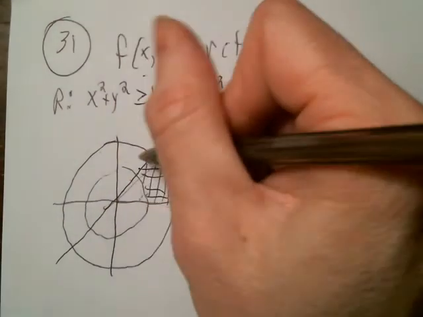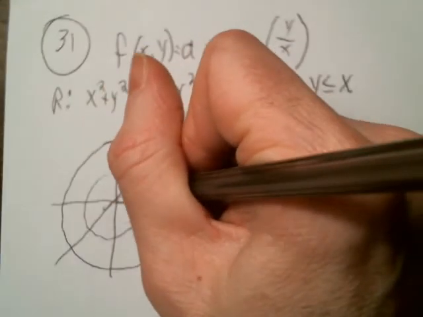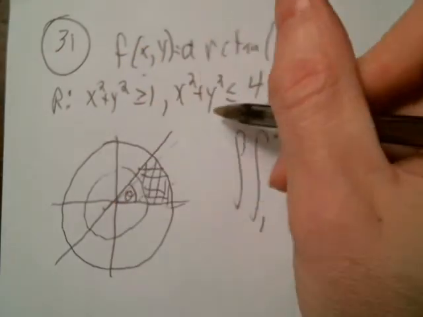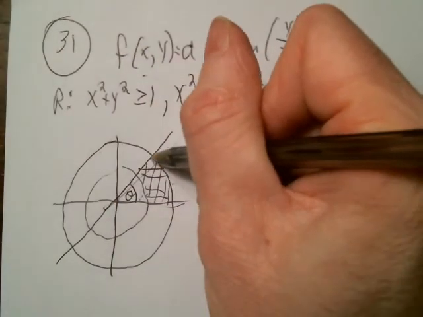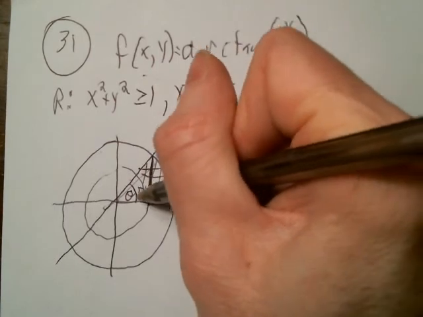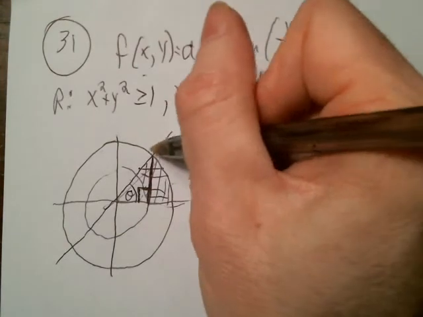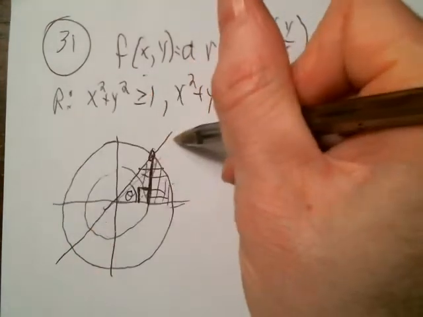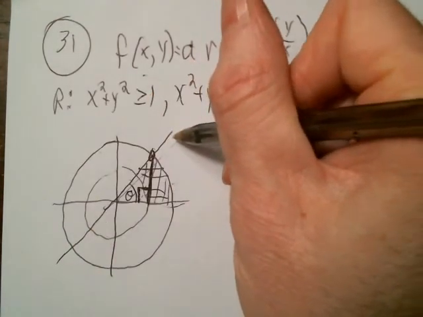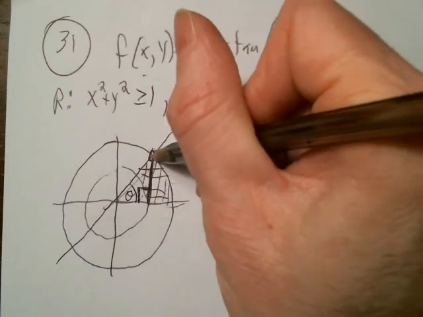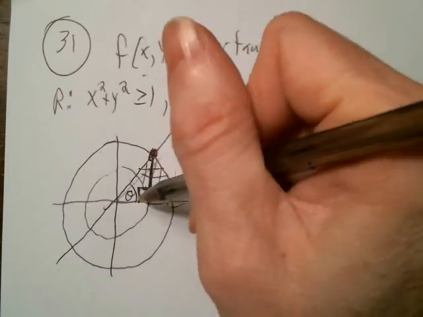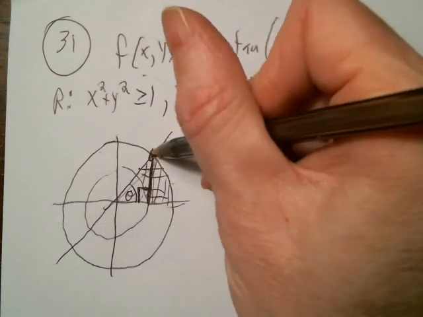Okay? So if you're not sure what that angle is, again, you can use trig, form a right triangle, and then consider the sides of that right triangle. So all the points on this line will be of the form x comma x. So I know that this point is 1 comma 1.